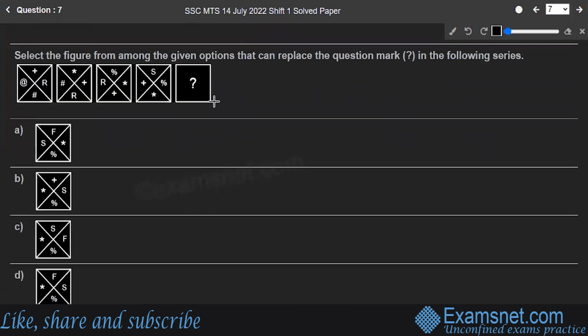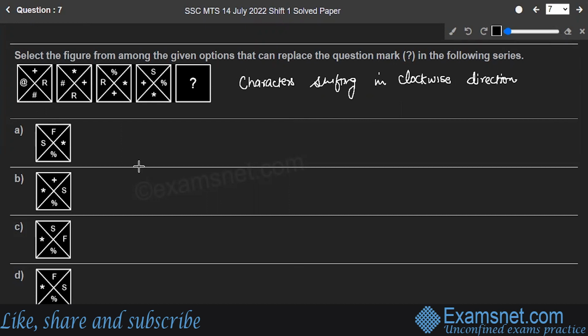Select the figure from the given options that can replace the question mark in the series. So this is the question mark and you have to find out what will come at the place. For that, you have to understand the pattern of how the alphabets are moving or rotating in the given figures. If I'm noting them down, the first thing to note is that the characters are shifting in clockwise direction.